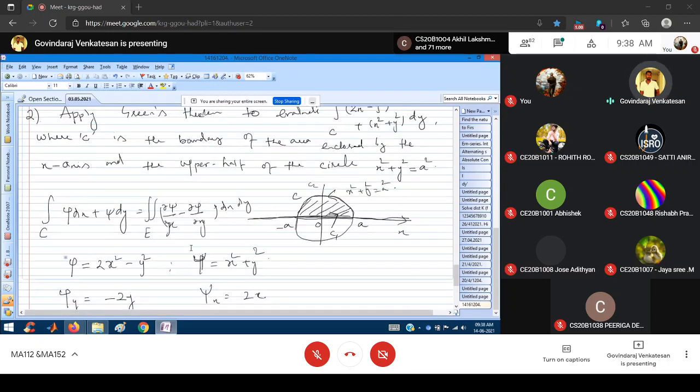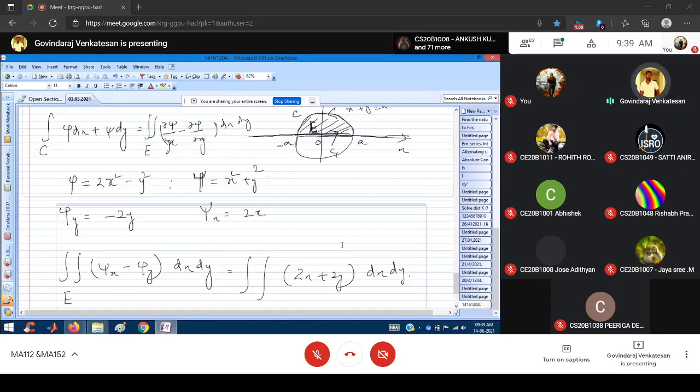Now E is the full upper half of the circle. This is my capital E. Okay. Now that already we know, so it forms the double surface integral. So how to find the upper limits and lower limits for the x-axis and y-axis? So already we know the one well-known idea. So you make one strip.